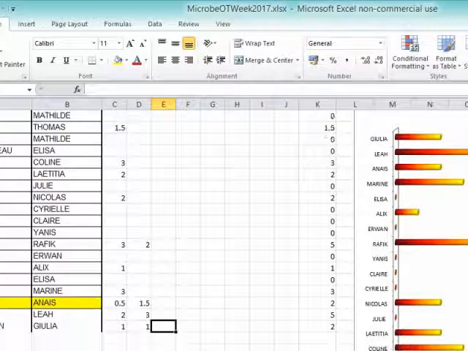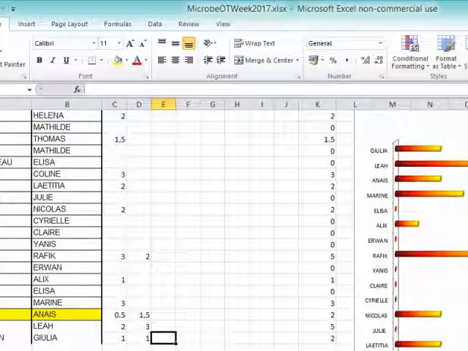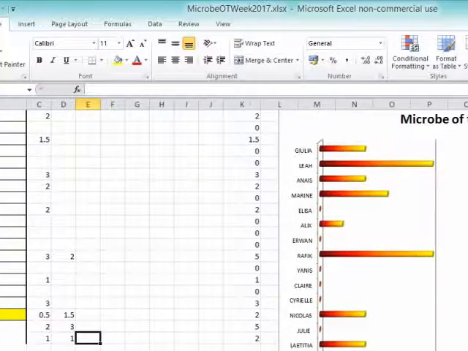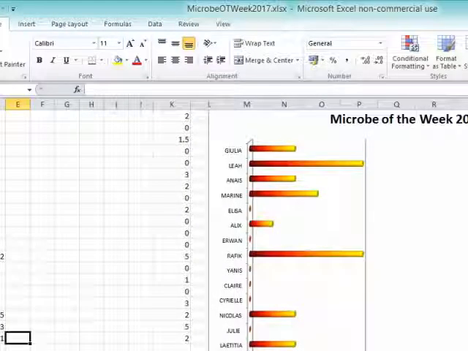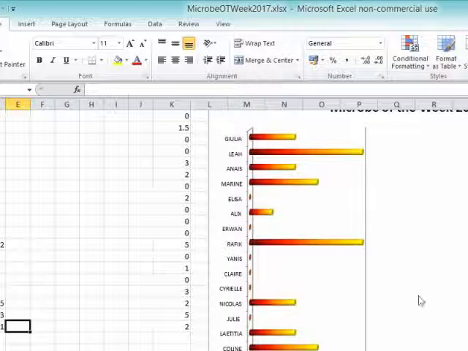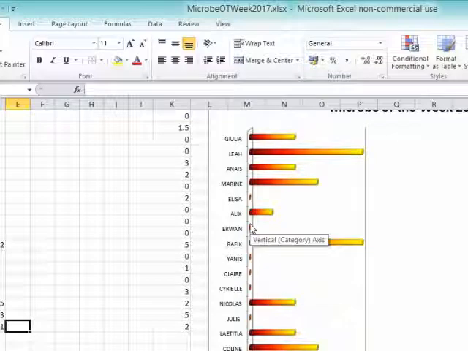Only a couple of people answering both questions so far. And, okay, so there are the scores. We have Leah and Rafik there making the running here, and a few people in the pack behind and a whole bunch of people just not interested.